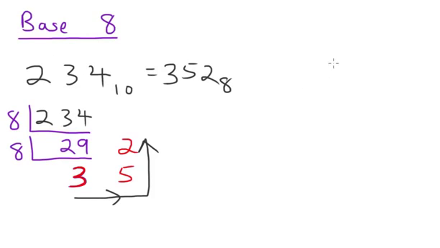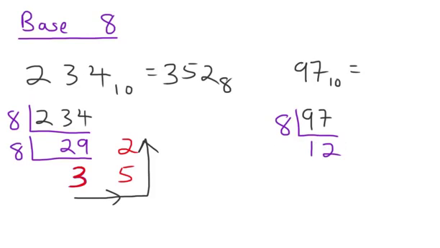One more example. How about 97 base 10? And we want to convert the number from base 10 to base 8. So start from 97. Now we do the division, divide by 8. You will get 12, and that is a remainder 1.